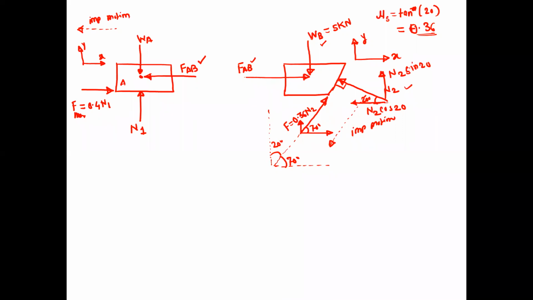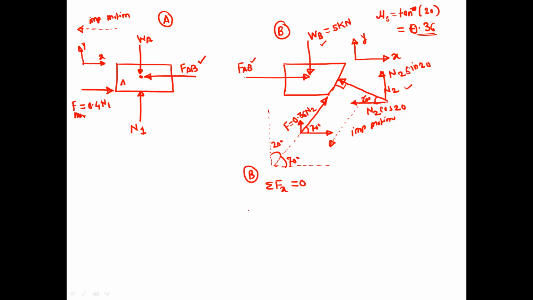WB and force AB are in the X and Y direction. So consider the FBD for the block B. From this, get the relation for force AB, and then consider the FBD for the block A. So summation Fx is equal to 0.